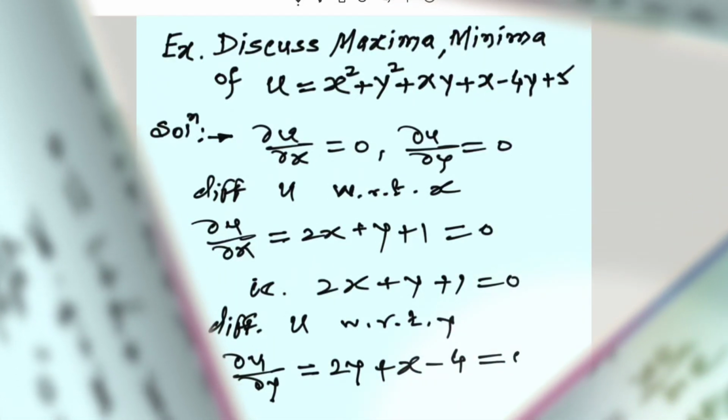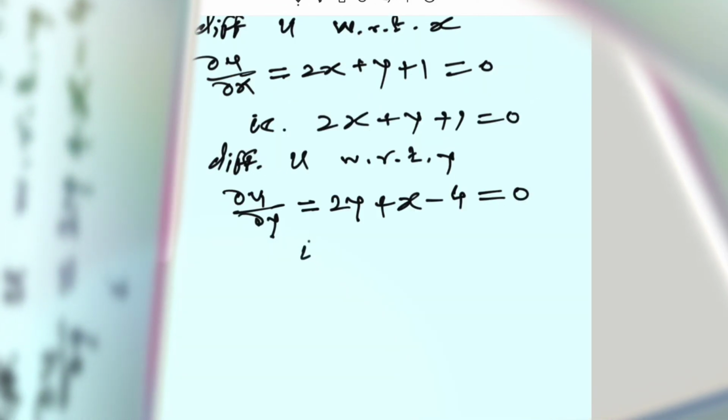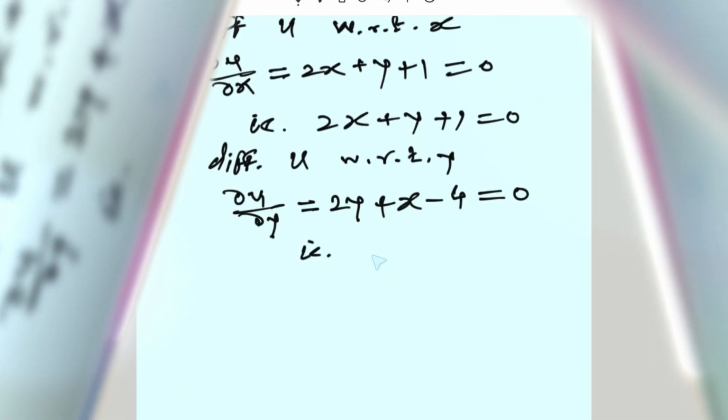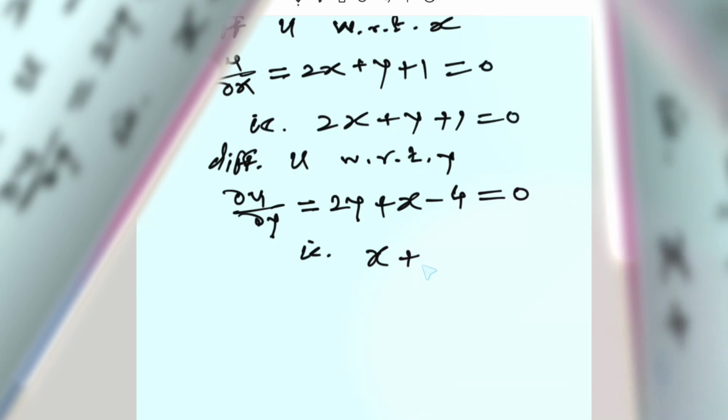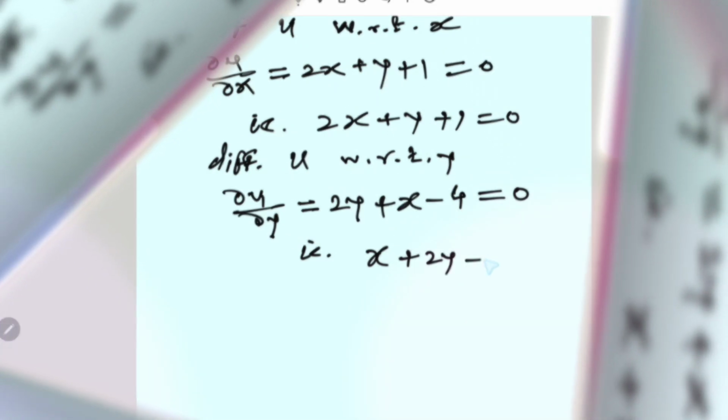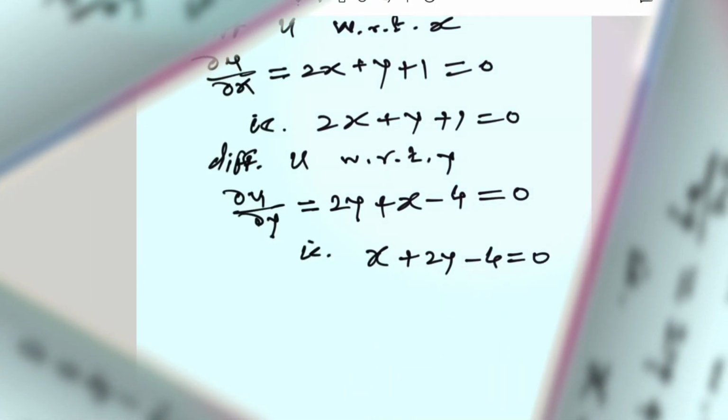Equating it to 0, we get x + 2y − 4 = 0.